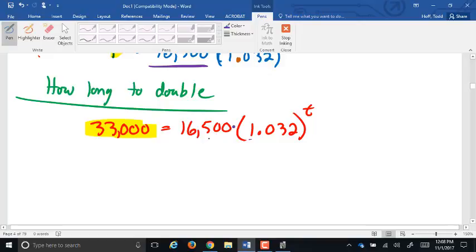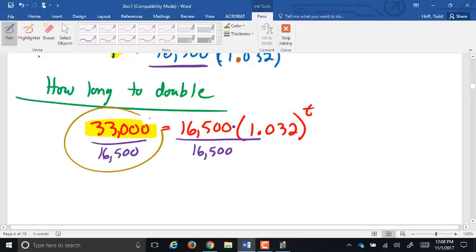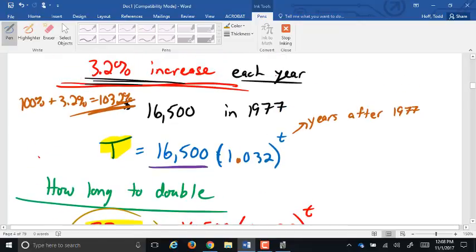So how do we reverse that? We divide. Good. So we're going to get rid of the 16,500 by dividing by it. Since it multiplies the 1.032 to the power of t, we're going to divide by it. And you'll notice what we get over here is just 2. So 2 equals 1.032 to the power of t.